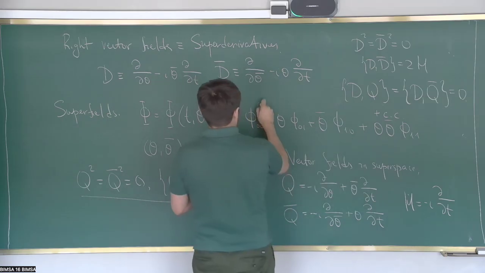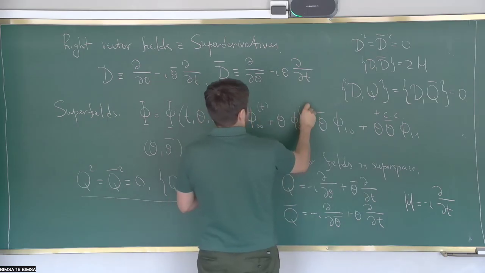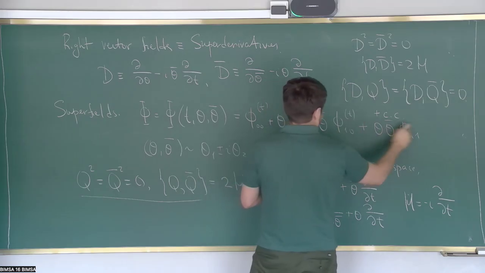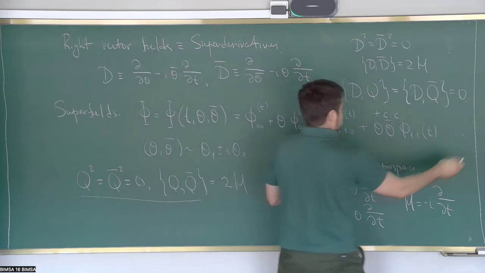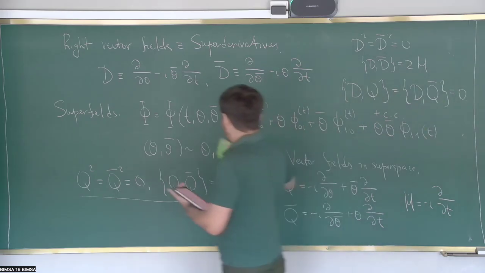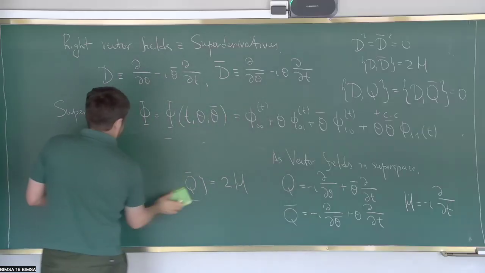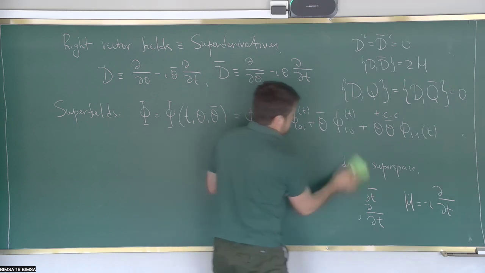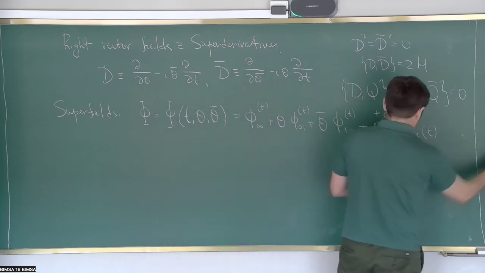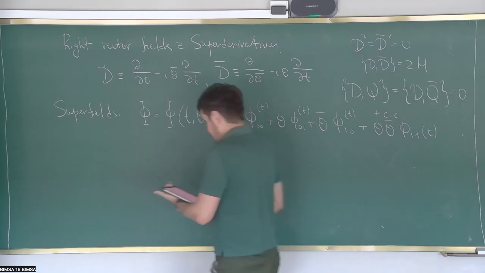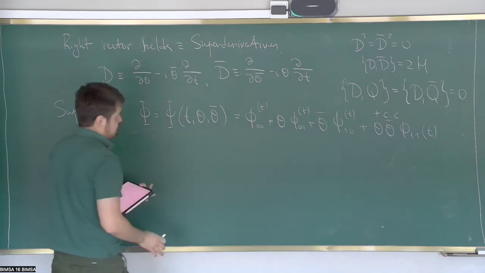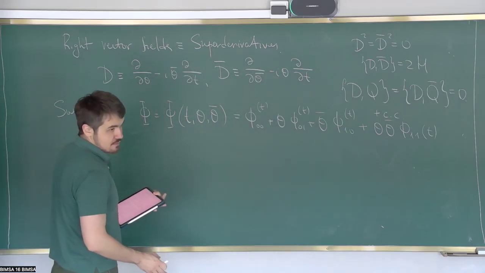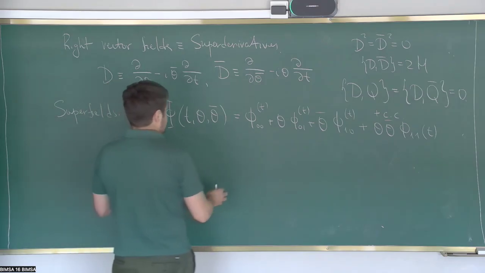So these are functions of t. Again, this is all required to be compatible with the Grassmann grading.